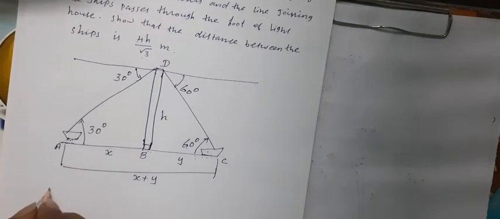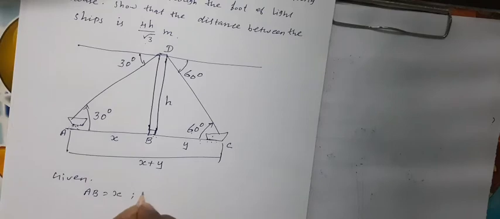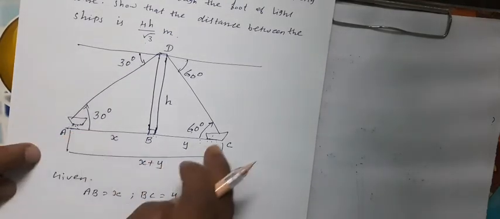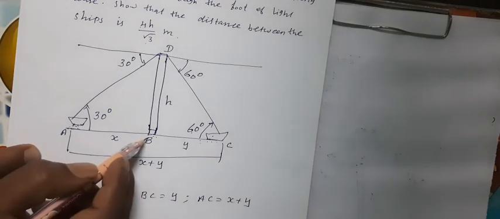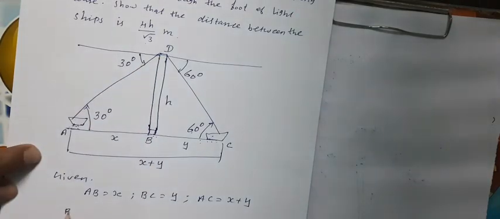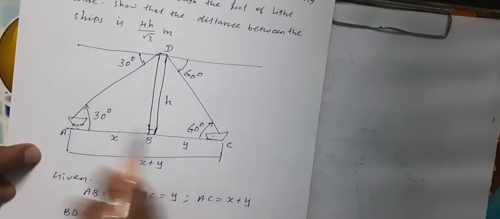AB is x and BC is y, so the total AC is x plus y, the distance between the two ships, and the height of the lighthouse BD is equal to h. These are given. Now you want to find the distance between the two ships.